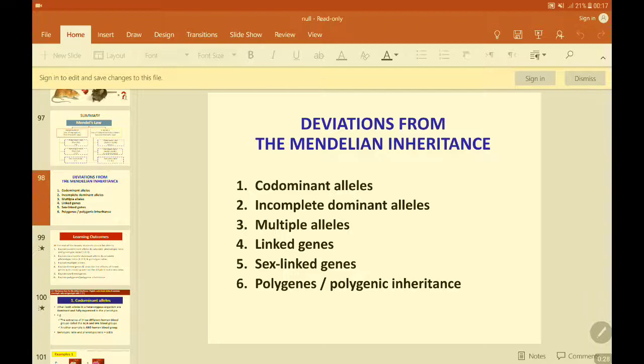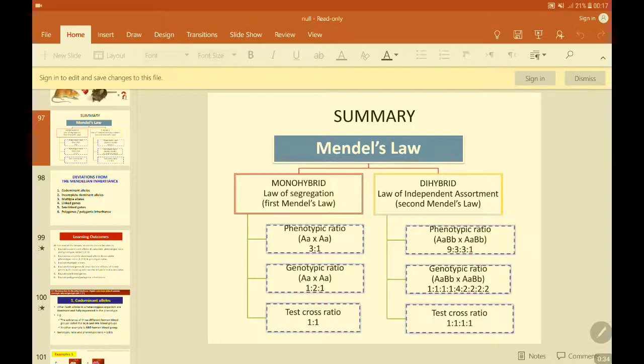So what does deviation from Mendelian inheritance mean? If you still remember, previously we learned about Mendel's first law and second law. For a monohybrid cross, the law of segregation, Mendel's first law, we should get ratios such as 3:1 or 1:1. For a dihybrid cross, we should get 9:3:3:1, or 1:1:1:1 for the test cross.